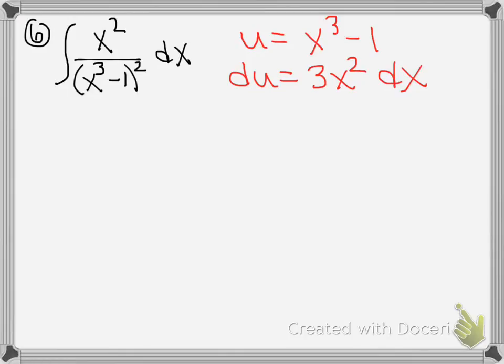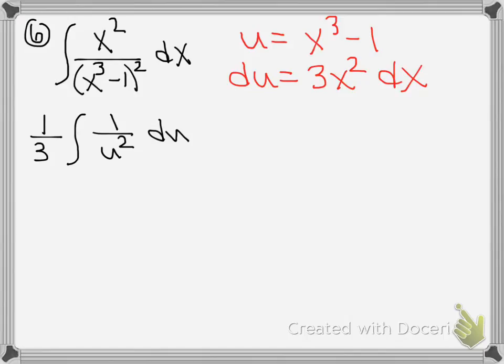So then when we go back in and we rewrite this, okay, we're missing the 3, so I can just jump right to putting that 1/3 on the outside, and this becomes 1 over u squared du. The more we do of these, the more you want to get in the habit of not writing out every single step of putting the 3 with the 1/3, or maybe not writing out what u and du are, but I'm not expecting you to do that right now.